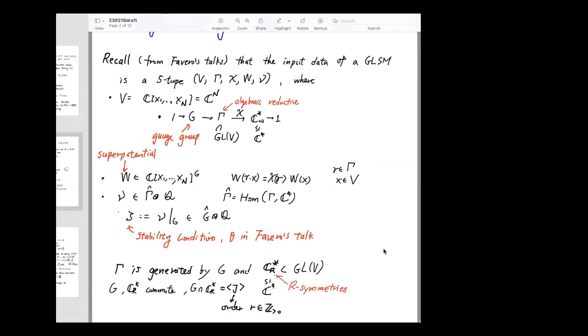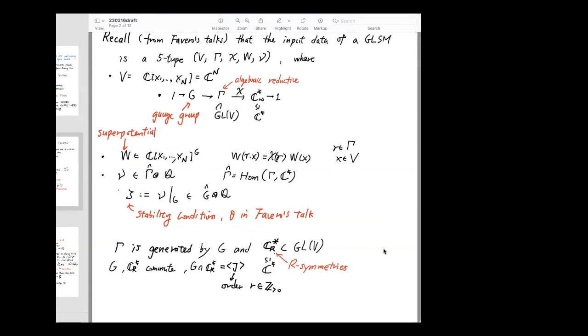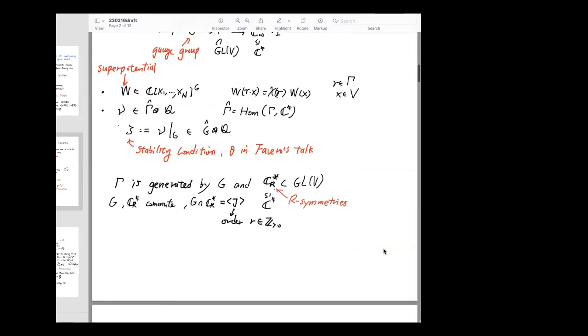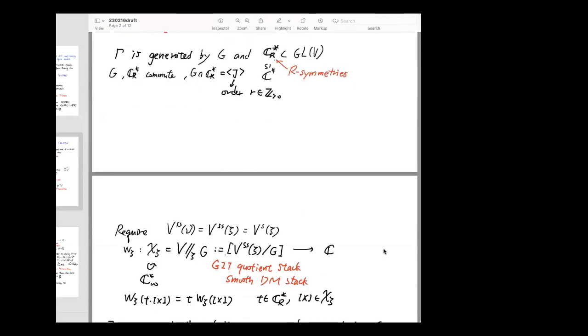Also we will have this C*_R, another subgroup of GL(V). It's isomorphic to C*, commutes with the action of G, and together they generate Γ, and their intersection is some finite cyclic group. It's known as the R-symmetries. We have the same requirement as in David's talk.